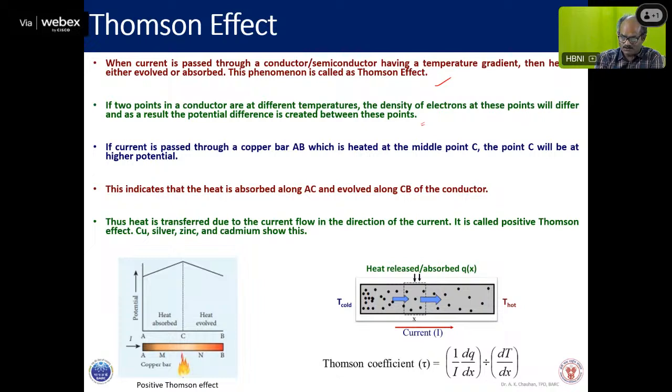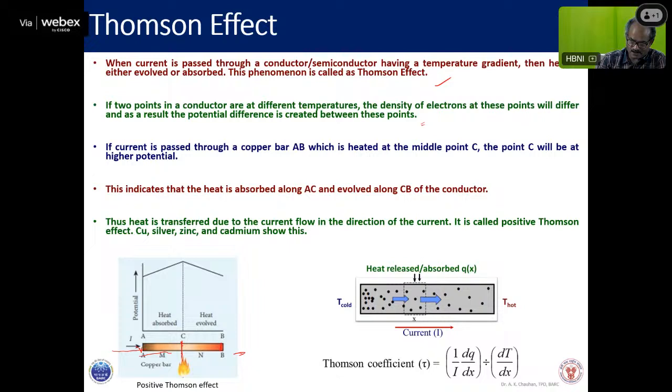If current is passed, for example suppose you have a copper bar, and this bar has been heated at the center. So the temperature at this point will be higher compared to this, and now I am passing the current from this side to this side.